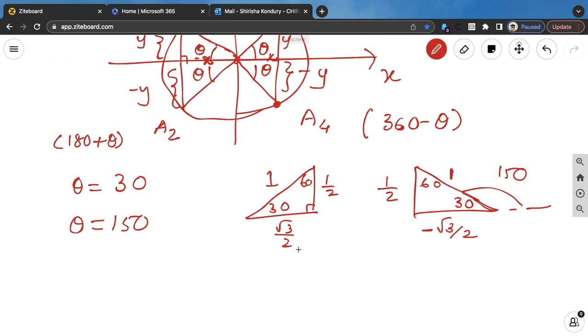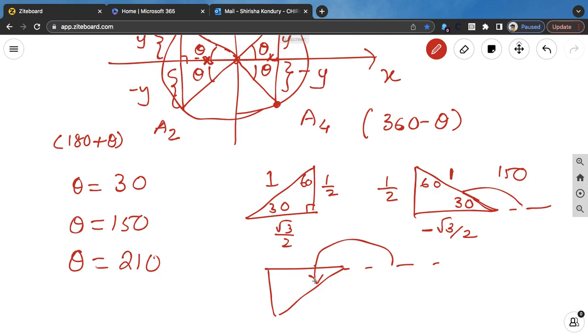Same way, if I move such that I move 180 plus 30, which means theta is equal to 210, I will still have a 30, 60, 90 triangle, which means opposite side and adjacent side are still the same. However, now we are in the third quadrant, so both x and y values are negative.